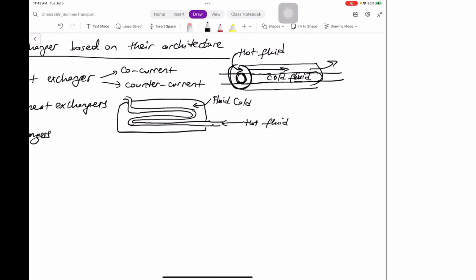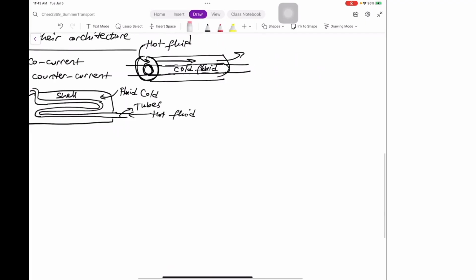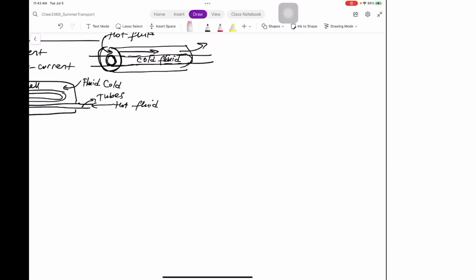Okay, so these are the tubes. You can have many of them, and this is the shell. Generally they have this sort of architecture, the shell and tube ones. You have this shell side here, and it basically opens to many channels here.